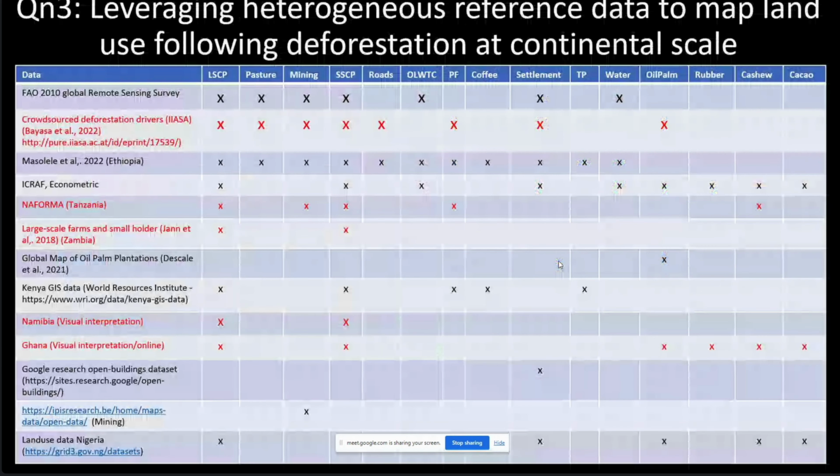So apart from that, we also went ahead. As I said previously, we wanted to map the land use at continental scale, for the entire Africa. The challenge was to get data which is really harmonized, collected in a similar way, and ready for deep learning application.